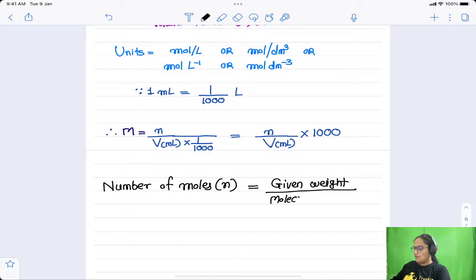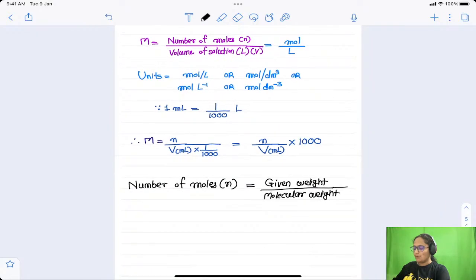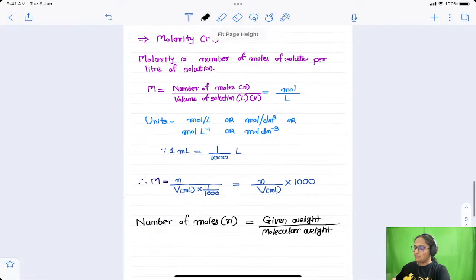Both of them should be in the same unit, gram, for an example. So these are the formulas which you need to know for understanding the molarity. Just take a screenshot of this page, and on the basis of this formula, let us solve one question.